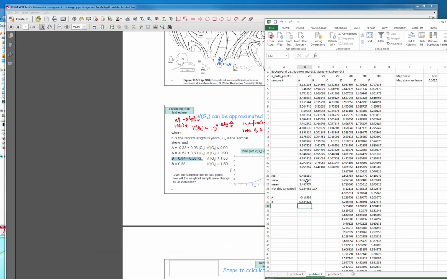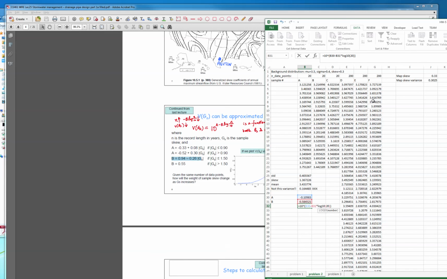Then you use this formula, 10 raised to the power of A minus B times log 10, where this n is 20.